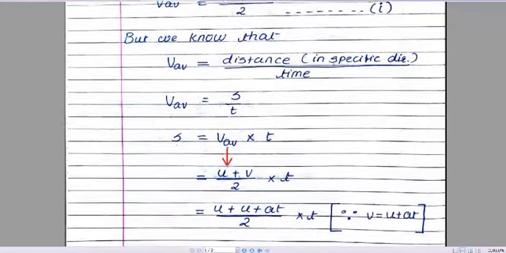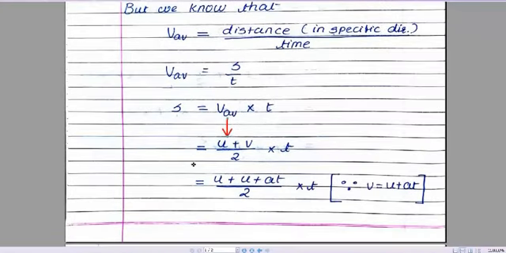Now, if we solve this, this u will remain u. Now, what is this v? We know that as per our first equation of motion, v is equal to u plus at. So instead of v, I will put u plus at.